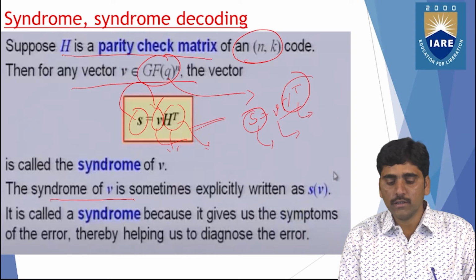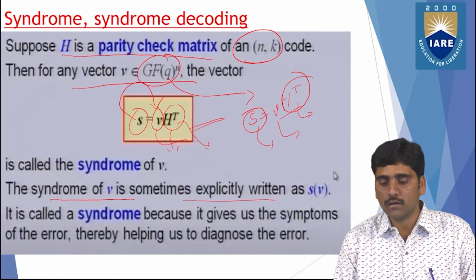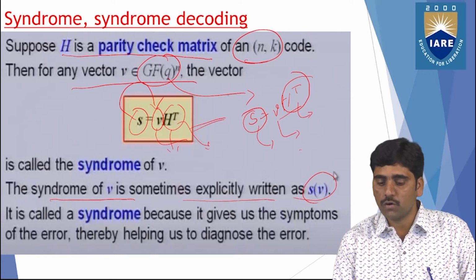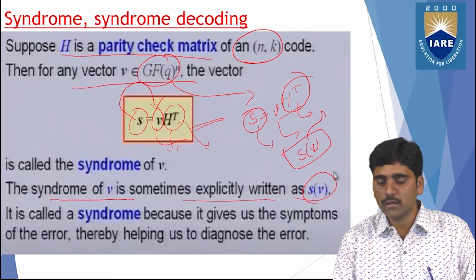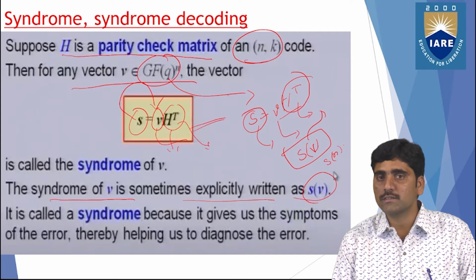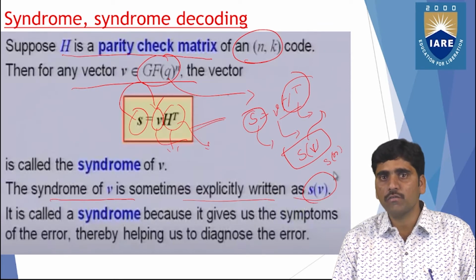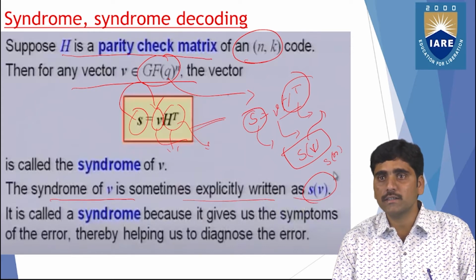The syndrome of V is sometimes explicitly written as S of V. If you take X, then you can write it as S of X. It represents the syndrome of the vector, or the symptoms that errors will occur at this vector.